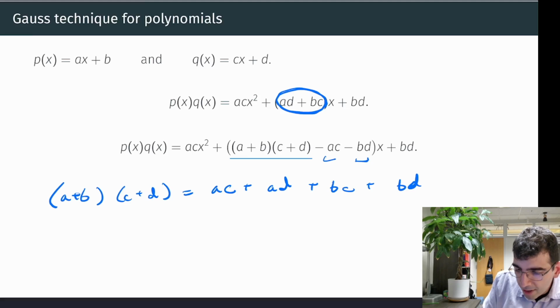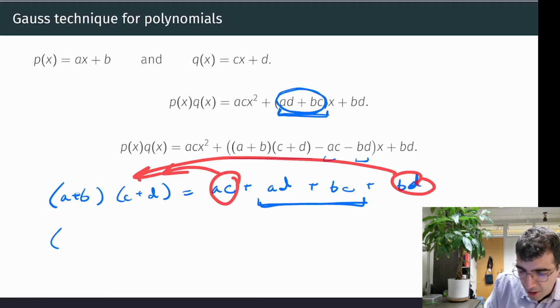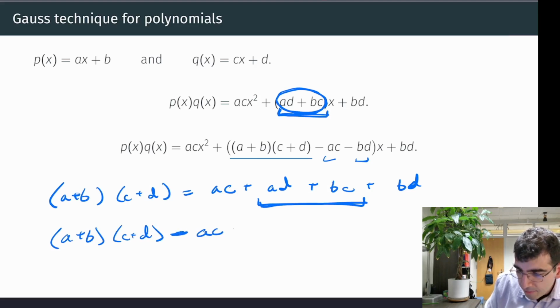But if we want this number here, ad + bc, all we need to do is take these numbers to the other side of the equality and say (a + b)(c + d) - ac - bd is equal to ad + bc, which is exactly this.